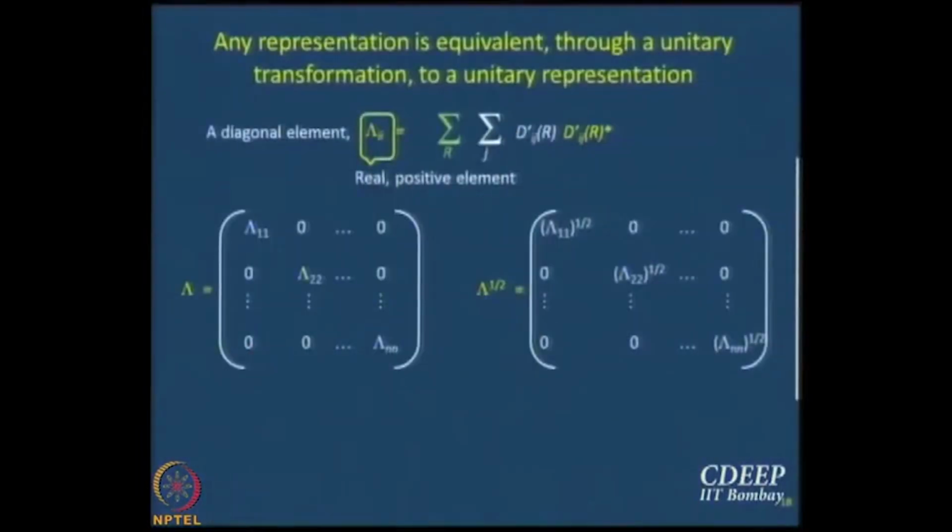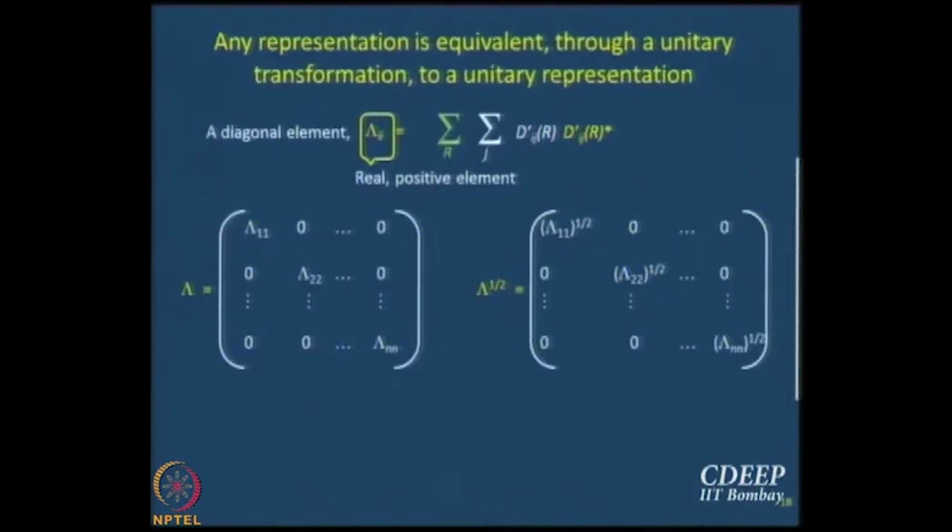What will the matrix be? What will be the matrix elements? What is the 1 1 element of lambda to the power half? Lambda 1 1 to the power half. What is the 2 2 element? Lambda 2 2 to the power half. Is as simple as that. Okay, but now that we have written this matrix, are you convinced that it is actually lambda to the power half?